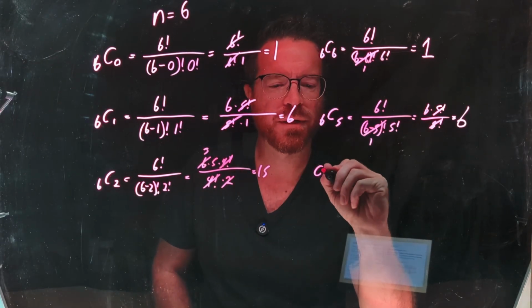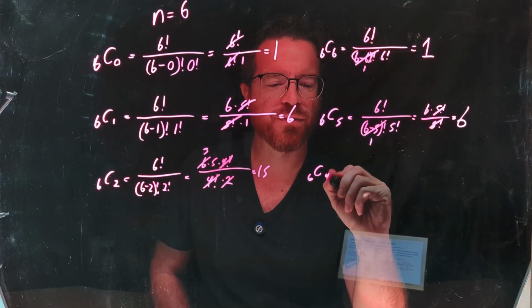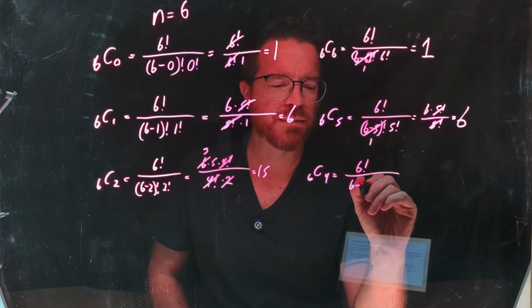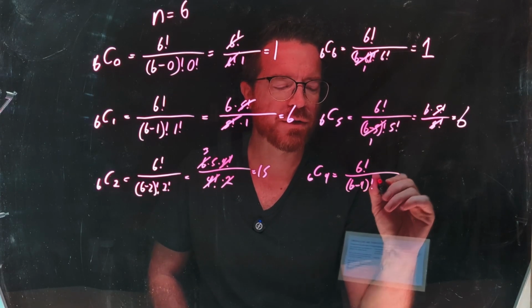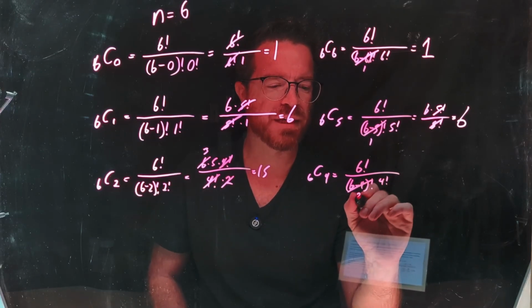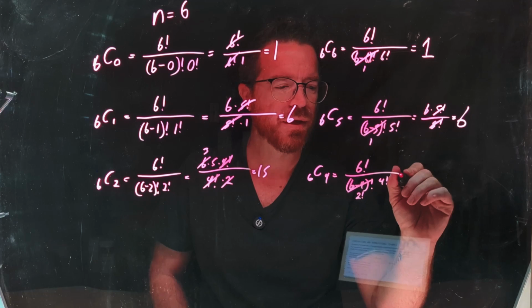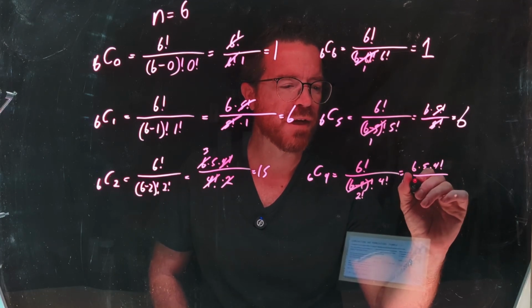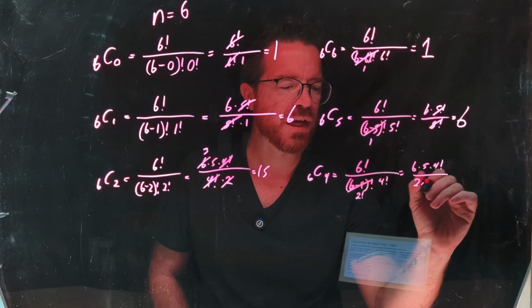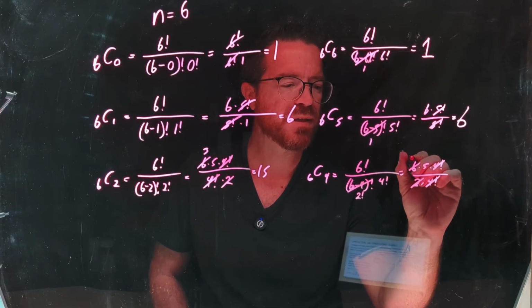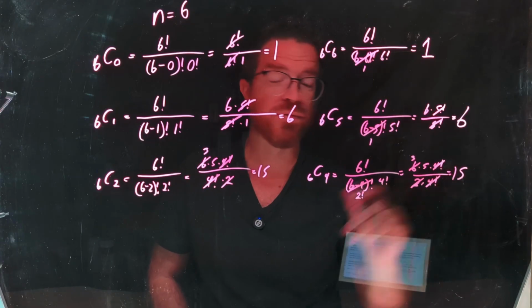If I do 6 choose 4, this is going to be 6 factorial over 6 minus 4 factorial, 4 factorial. 6 minus 4 factorial is the same thing as saying 2 factorial. So this is going to be 6 times 5 times 4 factorial divided by 2 times 4 factorial. The 4 factorials cancel out, and we get 15.